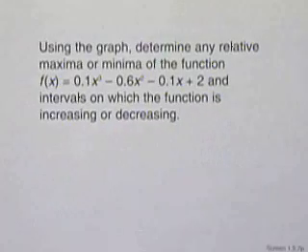Let's take a look. Using the graph, determine any relative maxima or minima of the function f of x equals 0.1x cubed minus 0.6x squared minus 0.1x plus 2, and intervals on which the function is increasing or decreasing. Let's look at the graph.